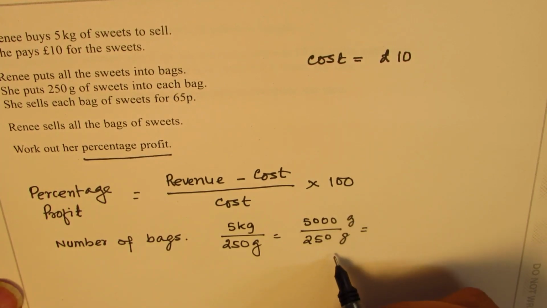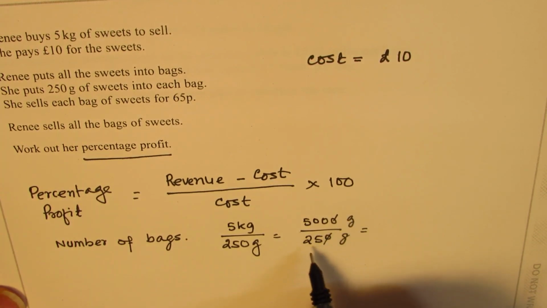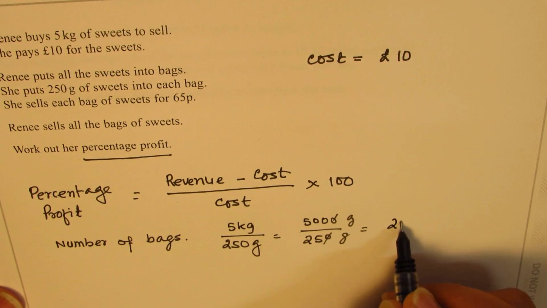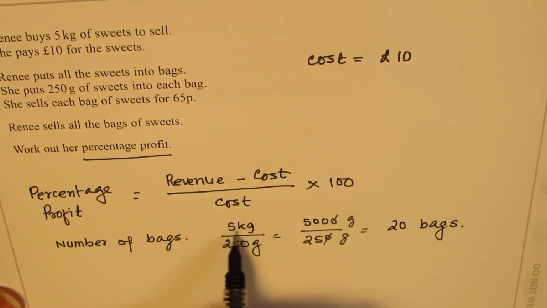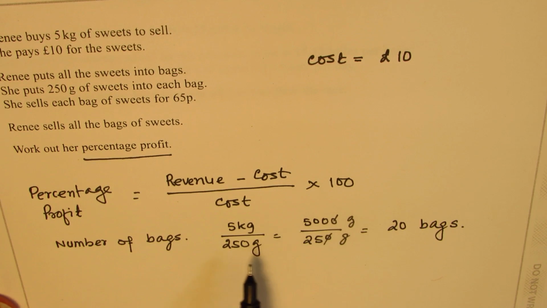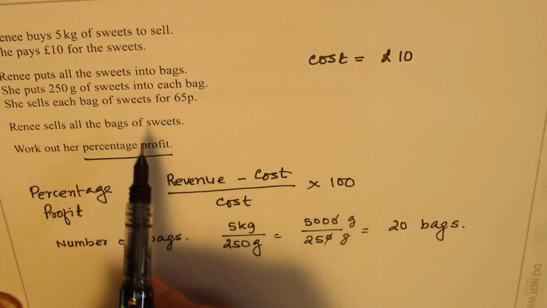Correct? So grams and grams cancel, and we get 4 times 5 as 20 bags. Right? So each bag contains 250 grams, so there are 20 bags in which we can put 5 kg. Right? So we got the number of bags.